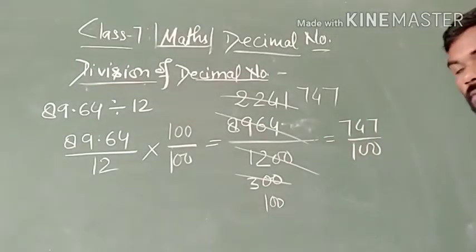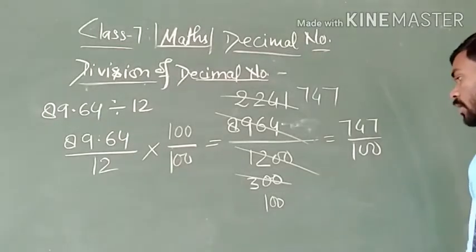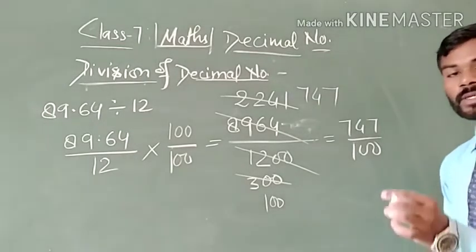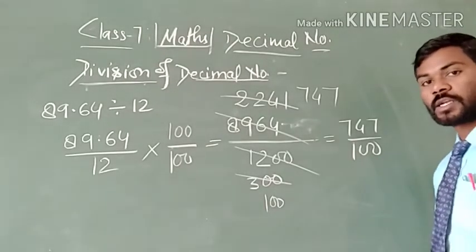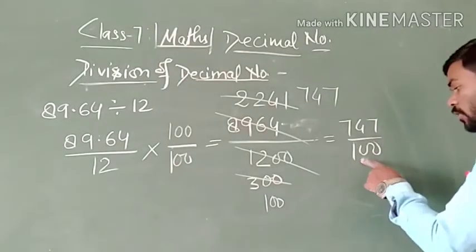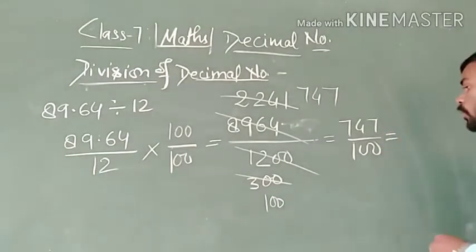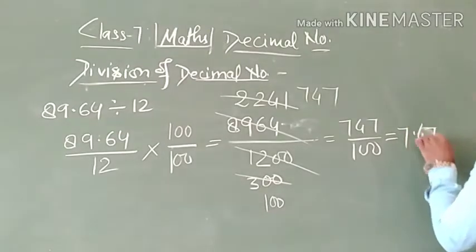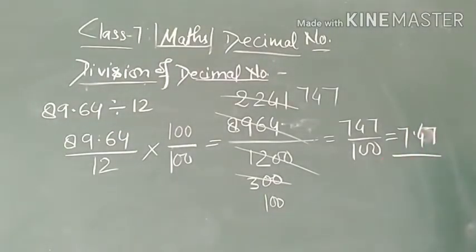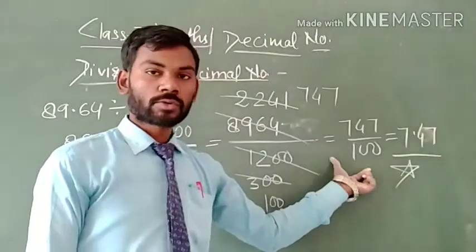Whenever we get a fraction in which the denominator is 10 or a multiple of 10, then we can easily divide it. Because in the denominator there is 100 having 2 zeros, we shall put the decimal after 2 digits from the right, and finally we get our result as 7.47.